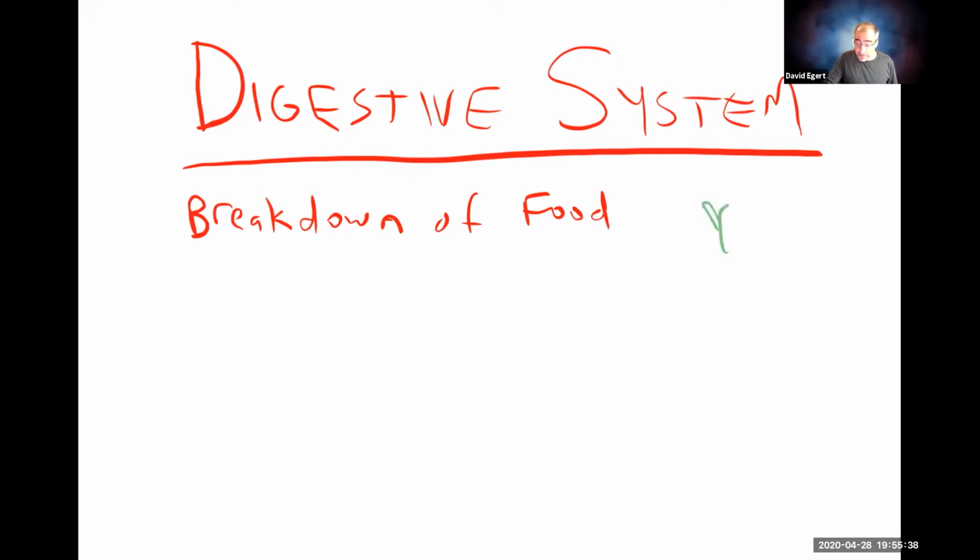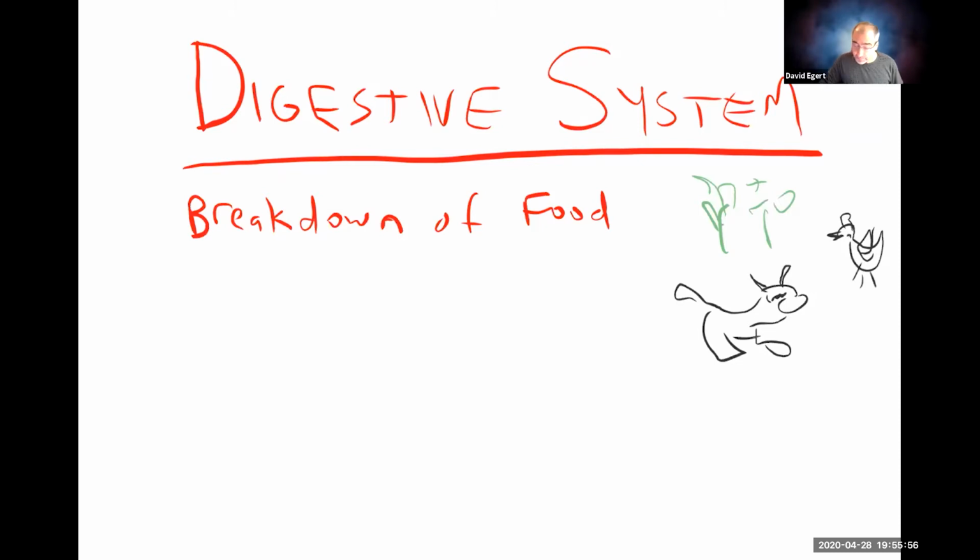It could be a wheat plant or maybe an apple tree. It could be an animal, maybe a cow that you're making a hamburger out of, or chicken, getting some Kentucky Fried Chicken or something. But in general, food are the bodies of other organisms, either plants or animals.